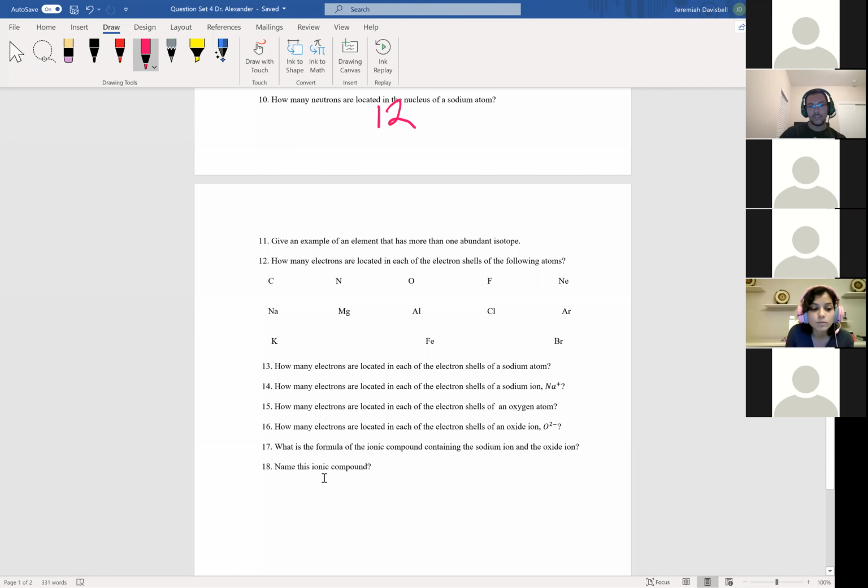Just real quick, can you explain 11? Give an example of an element that has more than one abundant isotope. Honestly, the most obvious one for us would be carbon. The only reason I say carbon is because we use carbon 12 in everyday life.